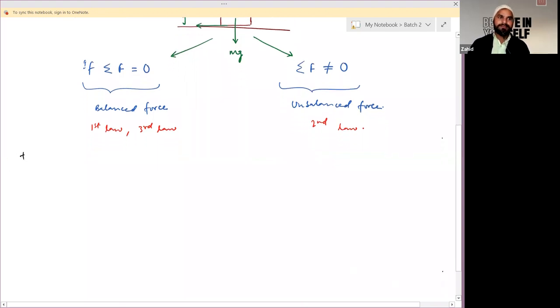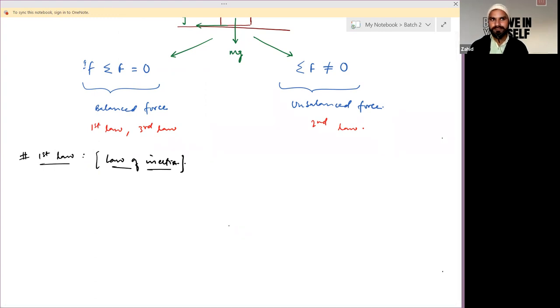So first thing is first law, or it is also termed as law of inertia. Samira, tell me about this. You must have learned in class 9. Every body continues to be in its state of rest or of uniform motion unless acted upon by an external force. Oh, good.